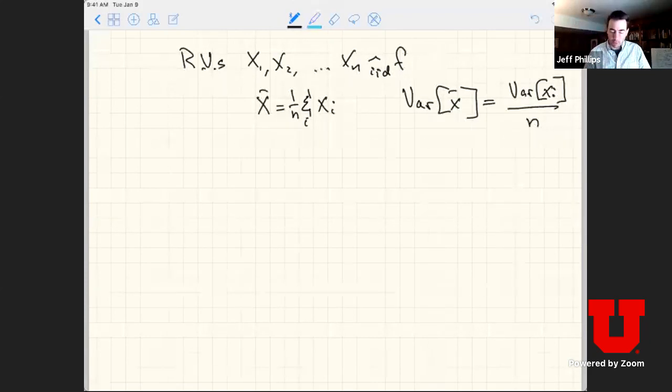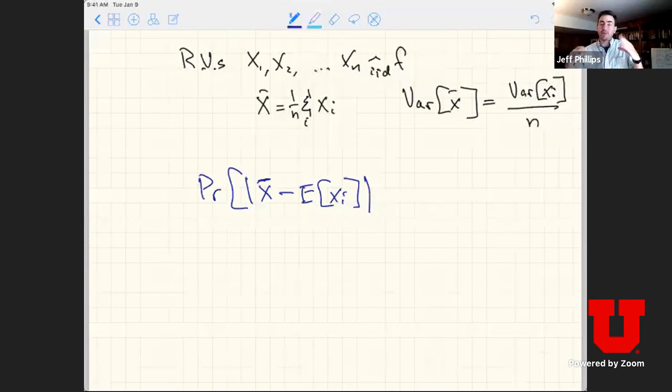So we can plug this directly into the Chebyshev inequality. Let's say I want to estimate the difference of x bar from the expected value of xi, the expected value of this unknown distribution f. If I use one random variable drawn from it, I do what I did before. But now I can use the random variable x bar, which is the average of a bunch of these.